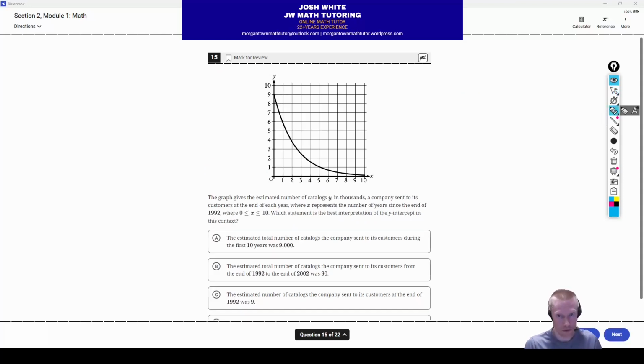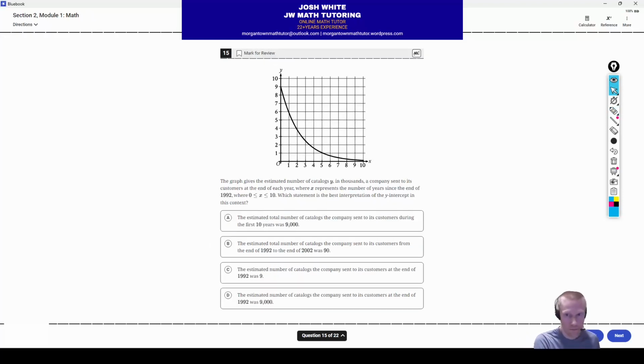All right, question number 15. Let me zoom out so we can see all the answers first. Here we have a graph of an exponential function, and they want to know the interpretation of the y-intercept. Notice the y-intercept value here is up at 9.